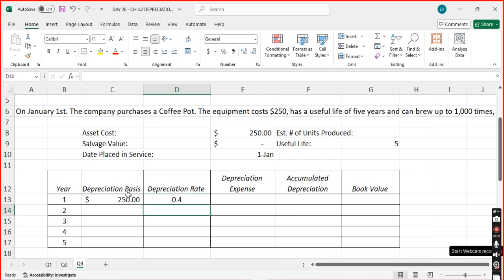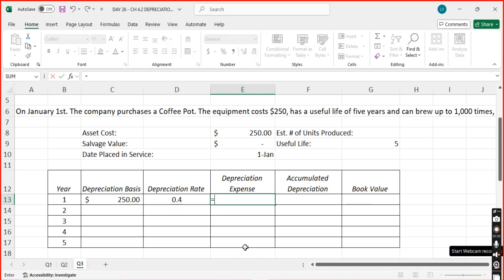So on the first year, how much would you depreciate it for? You said 100?